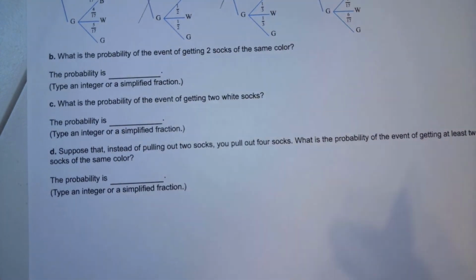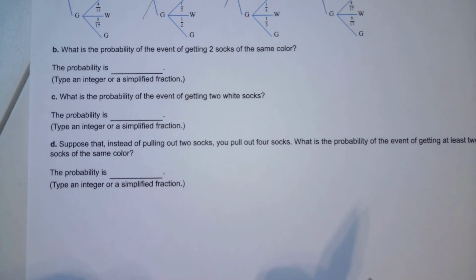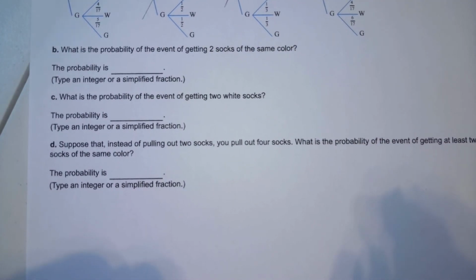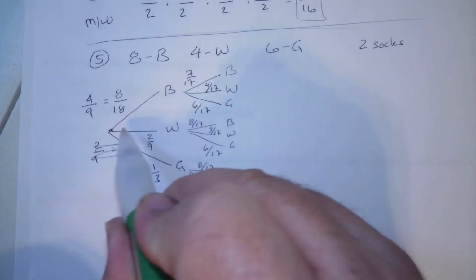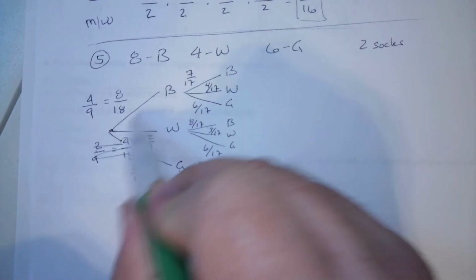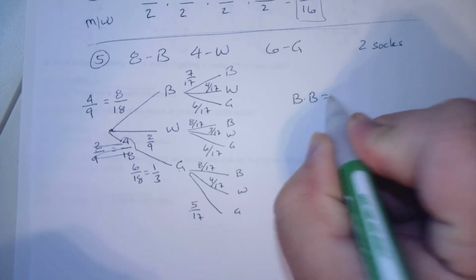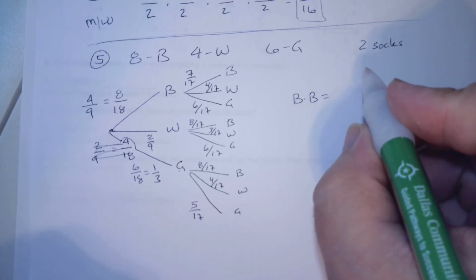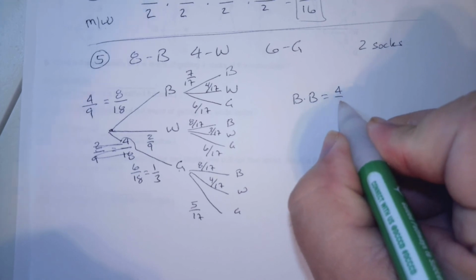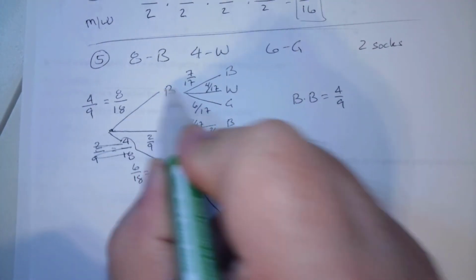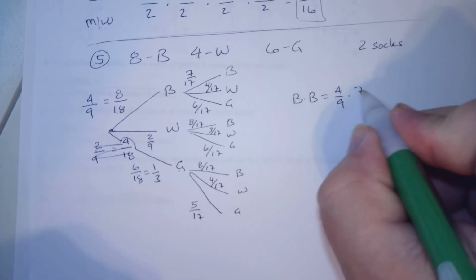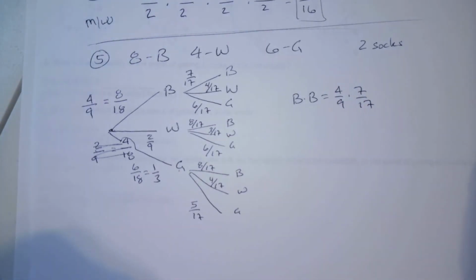Now the second part. B. What is the probability of the event of getting 2 socks the same color? So getting blue and blue is 4 over 9 for the first blue sock, and then 7 over 17.